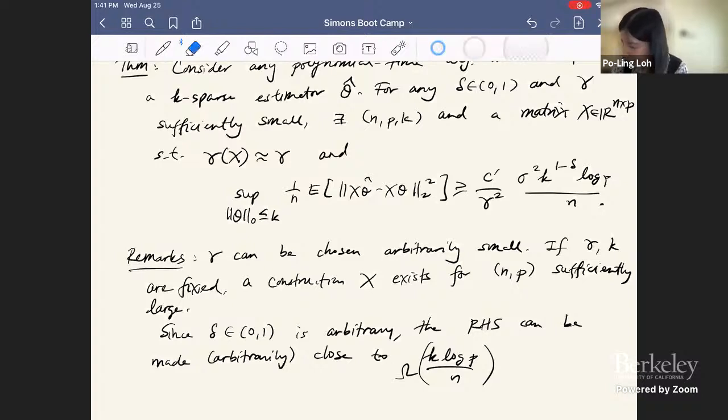I should put the gamma in there too, over gamma squared.